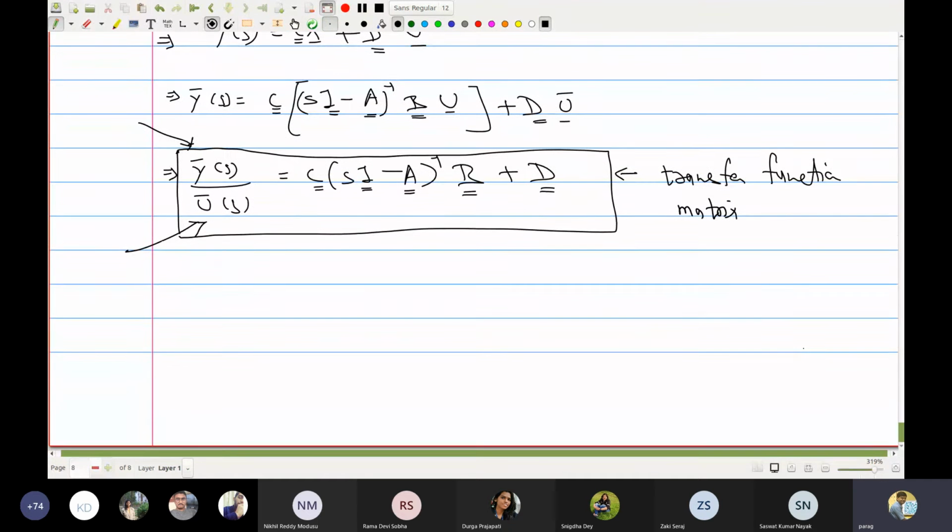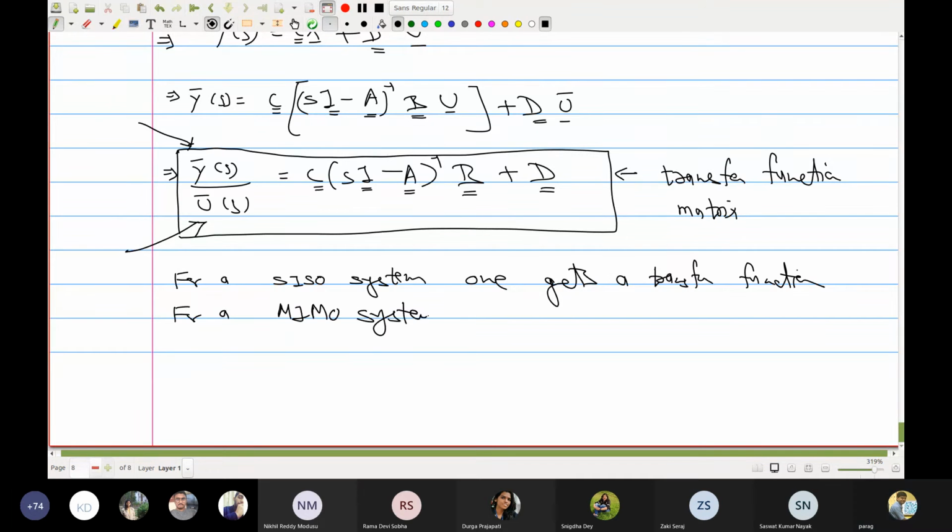So for a single input, single output system, one gets a transfer function. For a multiple input, multiple output system, one gets a transfer function matrix.